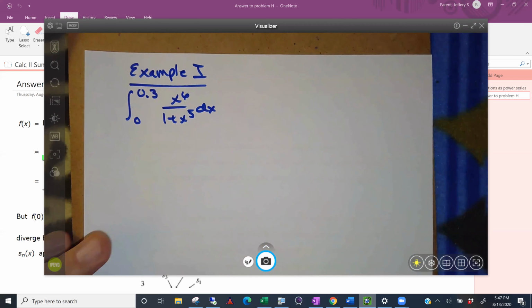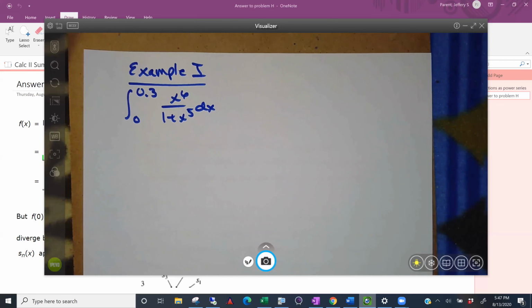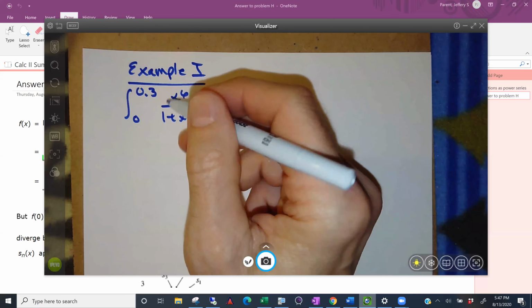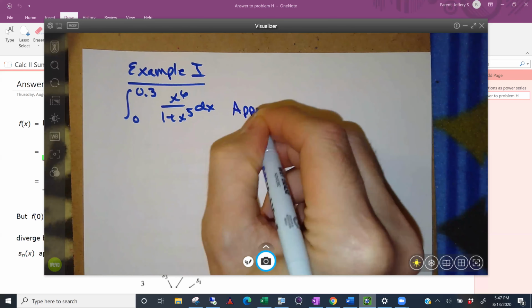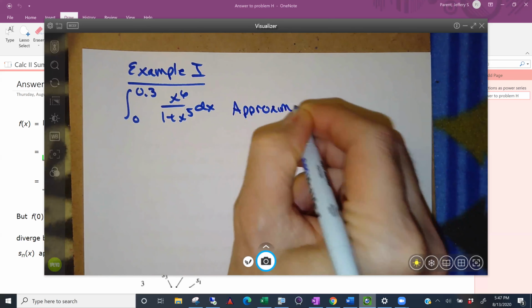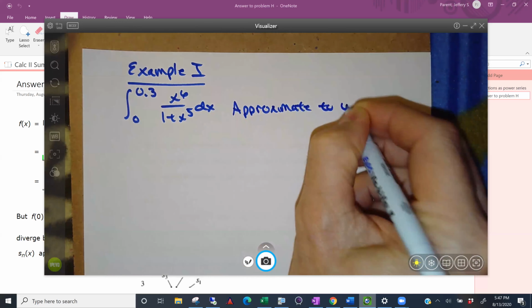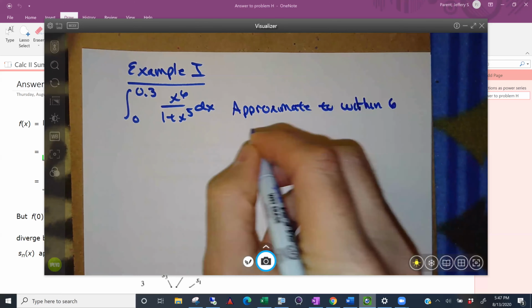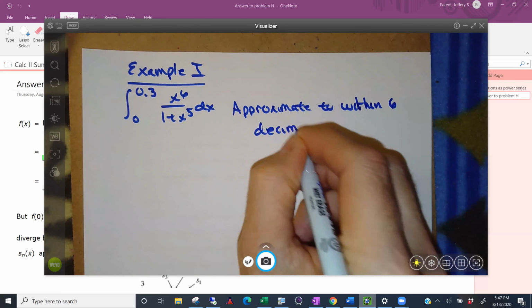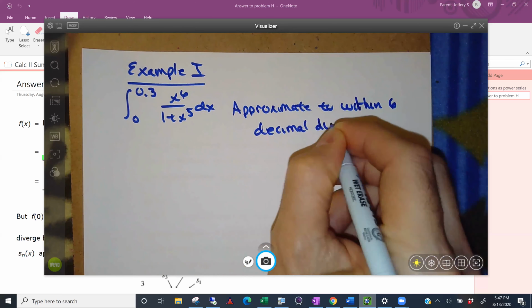Now maybe if you're clever, you can figure out some way to directly integrate this. But keep in mind, we don't need to directly integrate this if all we want is a good approximation. We're going to approximate to within 6 decimal digits.